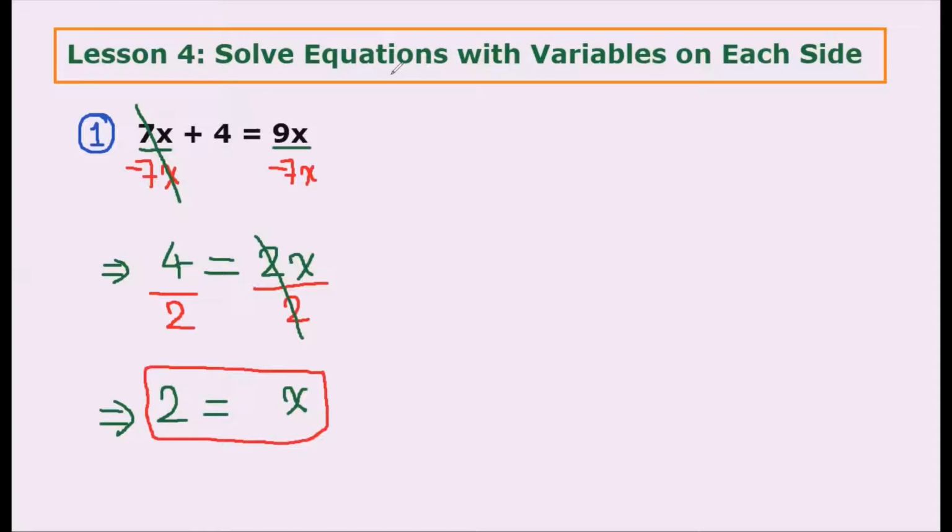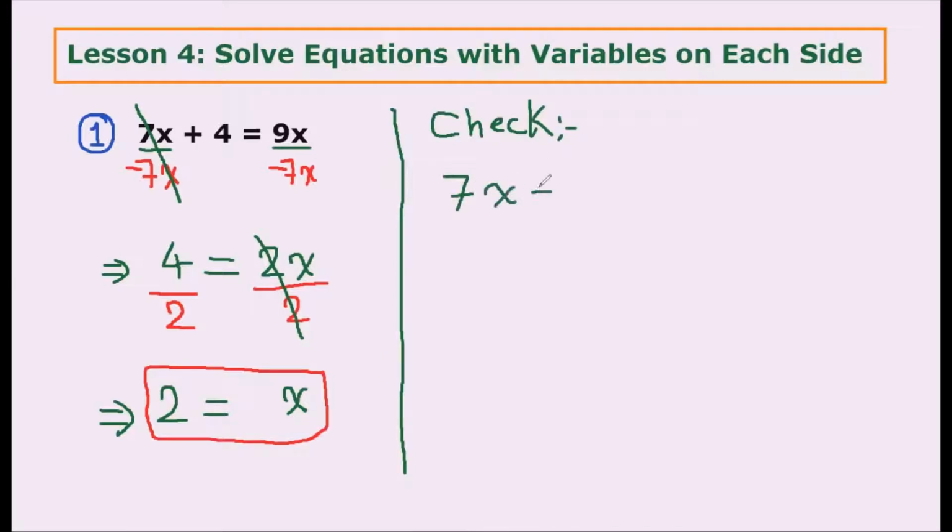Let's check our answer. We can always check our answer when solving equations. How to check our answer? To check the answer, we rewrite the equation as it is. It was 7x plus 4 equals 9x.